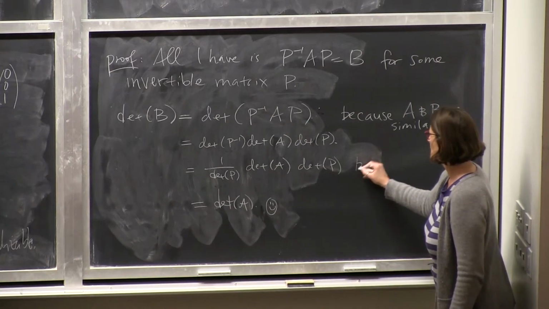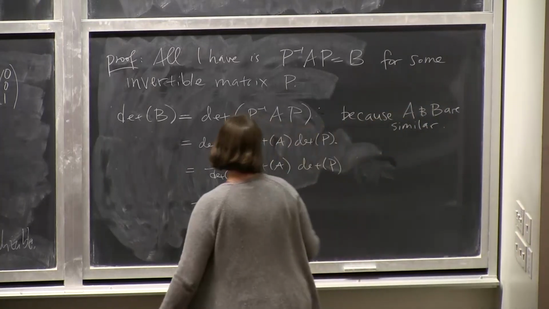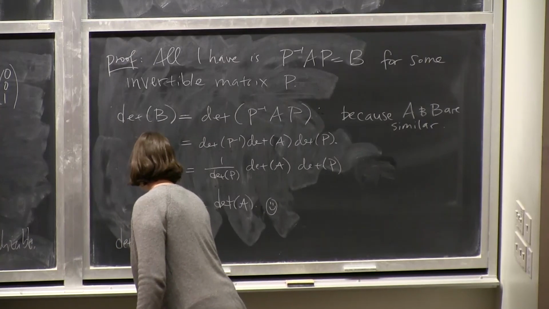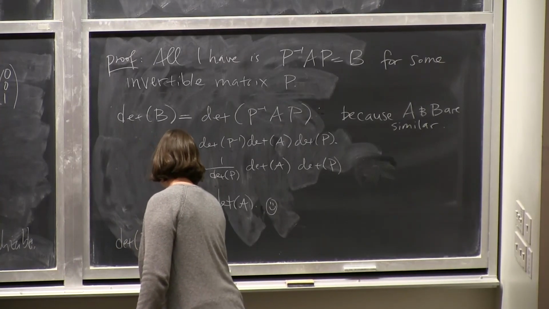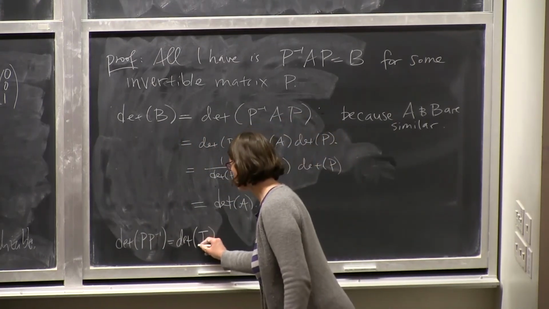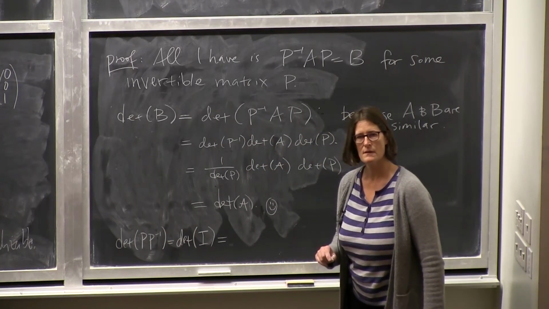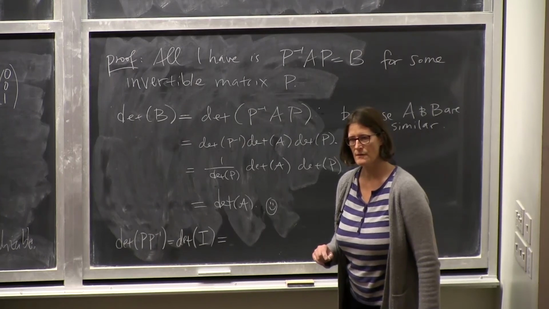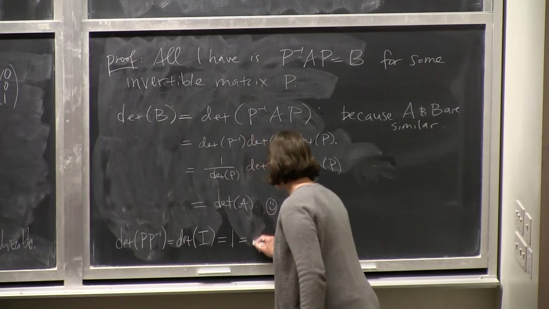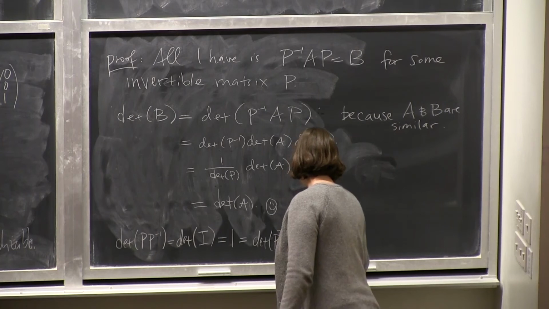So let's do this. Okay, so the determinant of P times P inverse is equal to the determinant of what matrix? Identity. What is the determinant of the identity? Louder? 1. Now, on the other hand, determinant plays nicely with product. So that's determinant of P times determinant of P inverse.